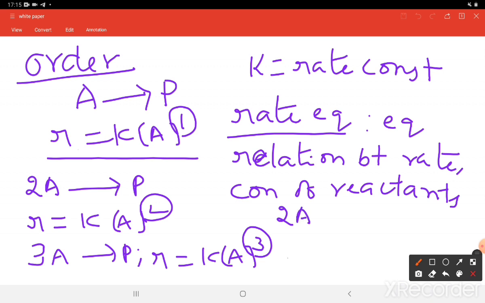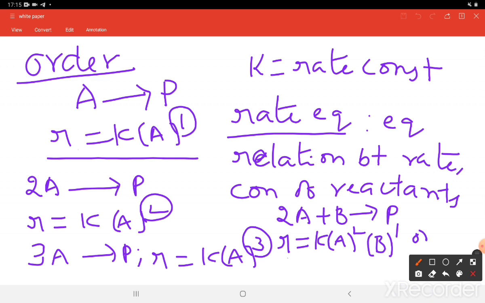Suppose there is another reaction like this, 2A plus B gives rise to products. Its rate can be written as K A concentration power 2 B concentration power 1. Here order will be taken as 2 plus 1, that is 3.